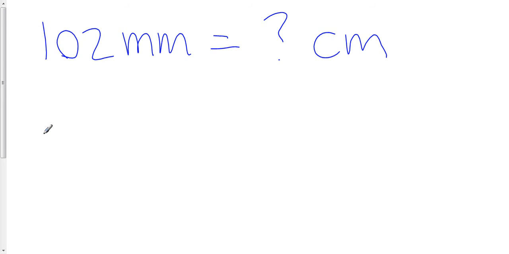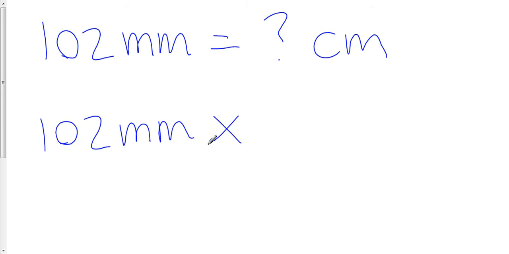What did I say? I said, well, we have to start with what I have. That's 102 millimeters. And we're going to multiply this by a rate of conversion. Now, my rate of conversion needs to be a relationship between what I have and what I want. What I have is millimeters, and what I want are centimeters.